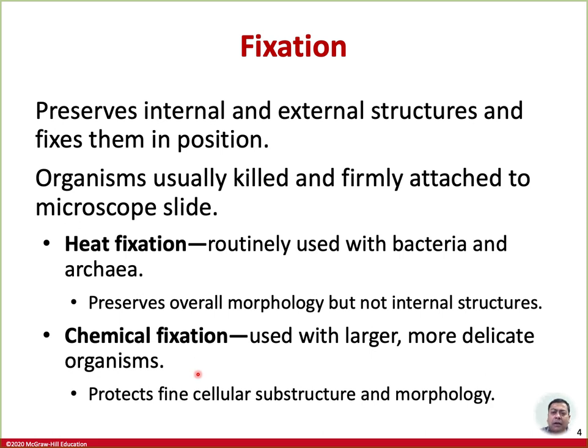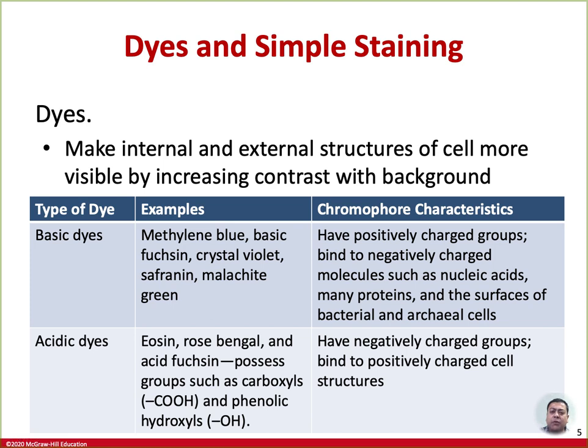Common fixatives include ethanol, acetic acid, mercuric chloride, formaldehyde, and glutaraldehyde. These are used routinely for many different structures, or when we need to look at these structures under the electron microscopes.